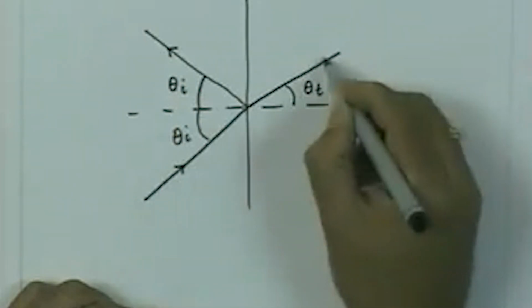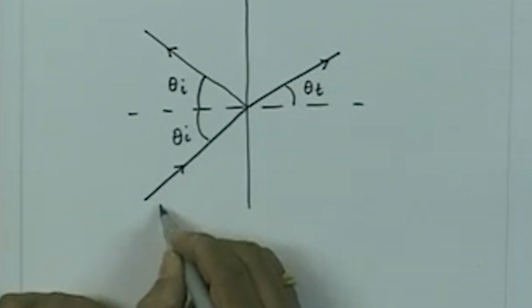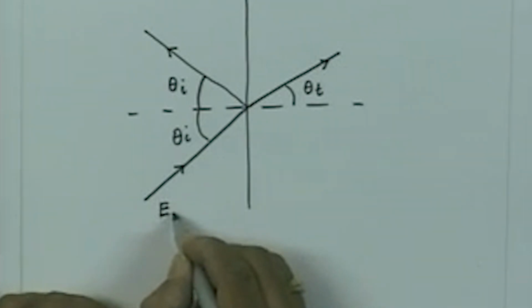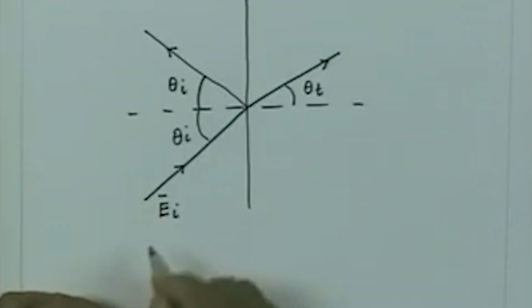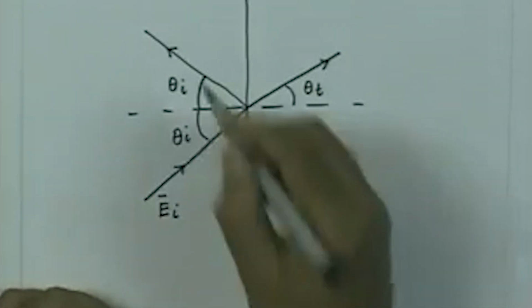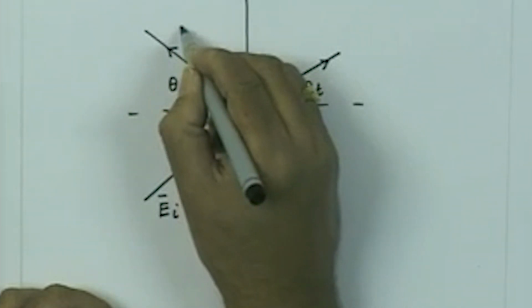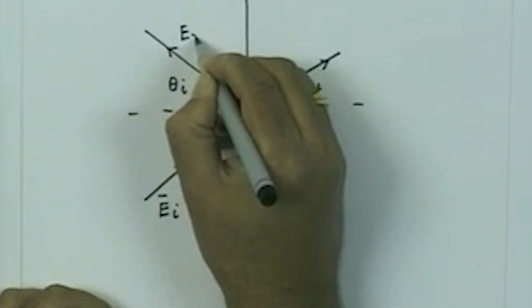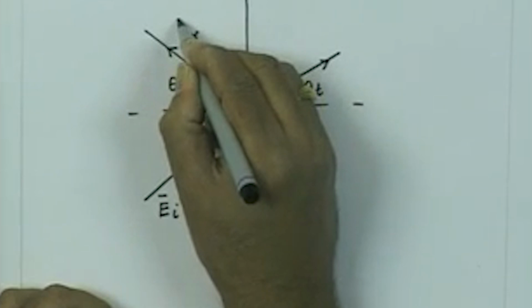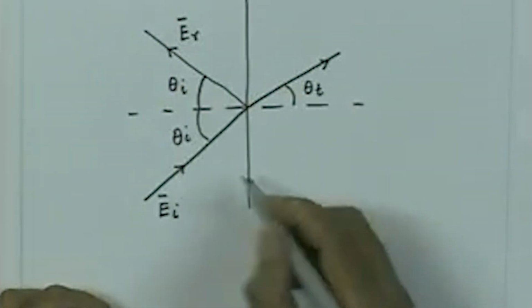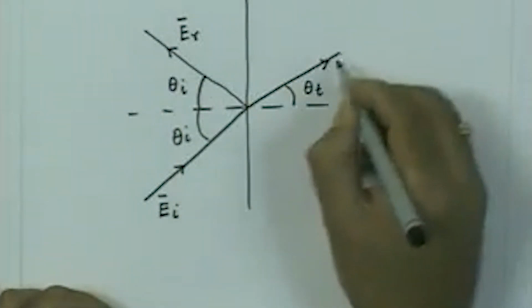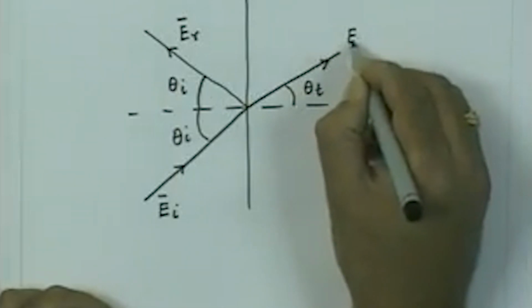So, this is the incident wave, which has an electric field given by Ei. I take the electric field for the reflected wave as Er, and here the electric field for the transmitted wave is Et.